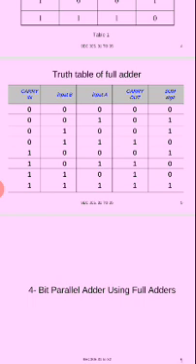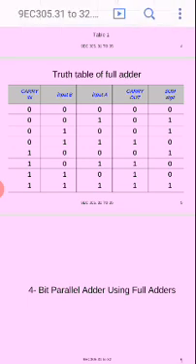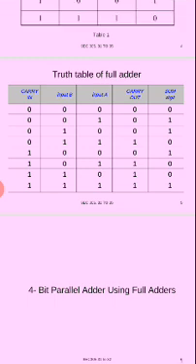For 1 0 0 combination, carry 0, sum 1. For 1 0 1 combination, carry 1, sum 0. For 1 1 0 combination, carry 1, sum 0.